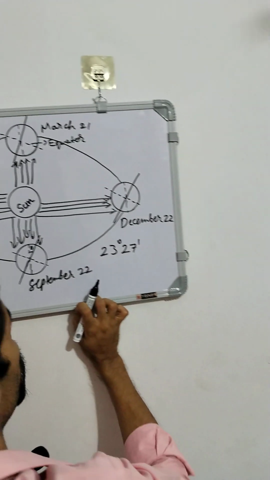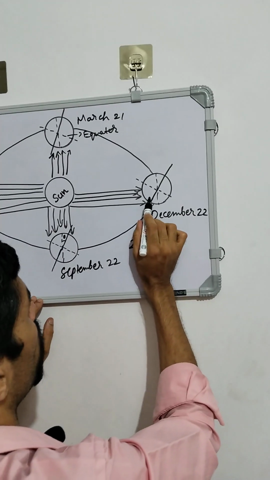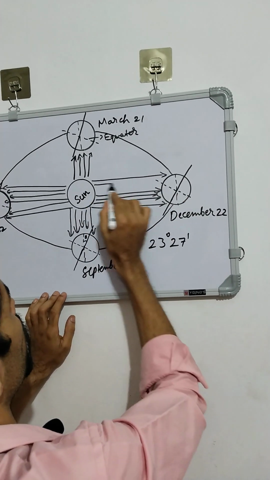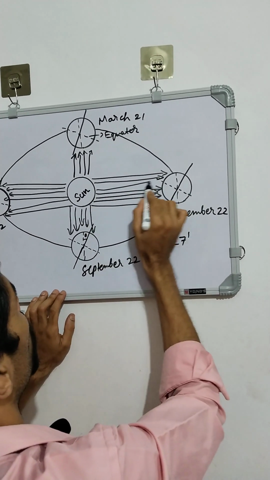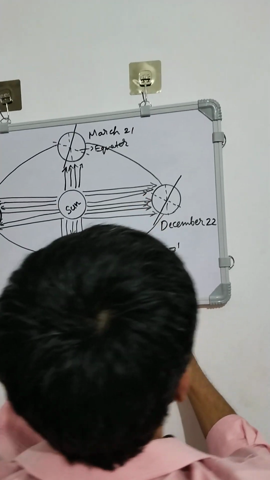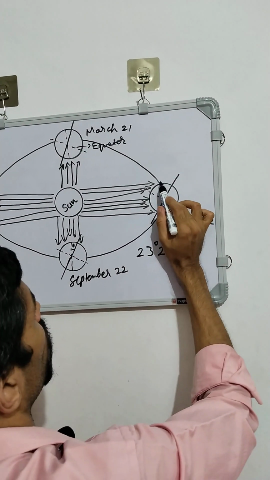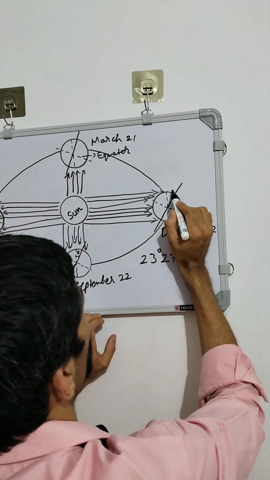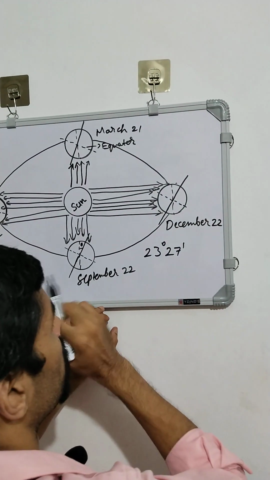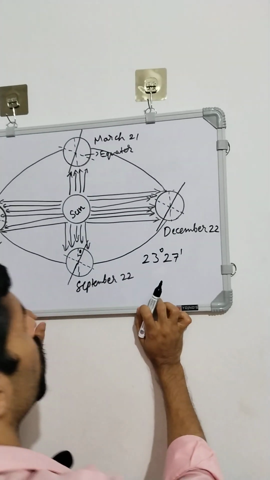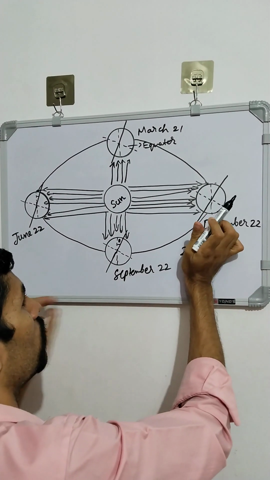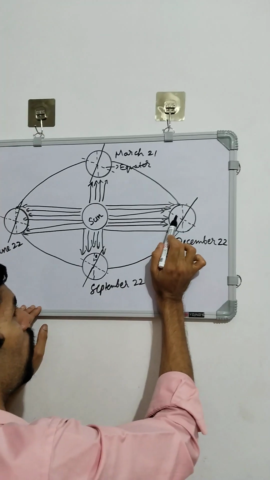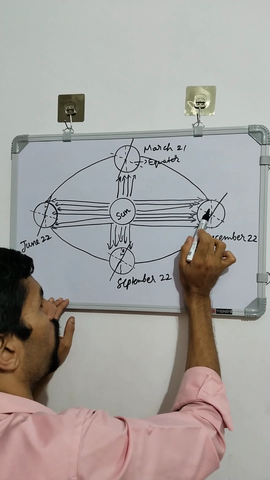The day will be longer in the southern hemisphere and shorter in the northern hemisphere, because the rays of the sun will be striking obliquely here, and only up to here the rays will reach. Here the sun rays will not reach. So the northern hemisphere will be having winter in this season, and on December 22nd in the northern hemisphere it will be the longest night and the shortest day.